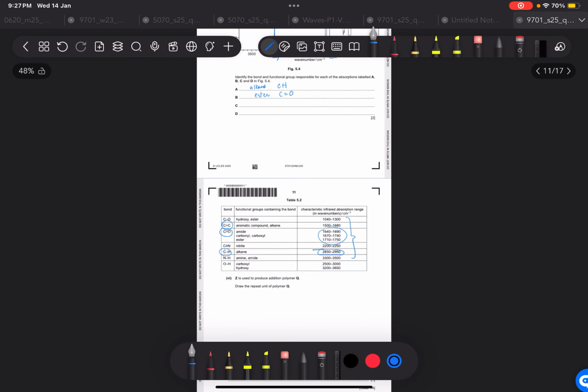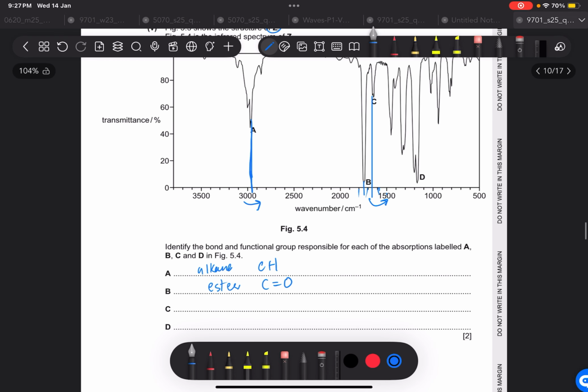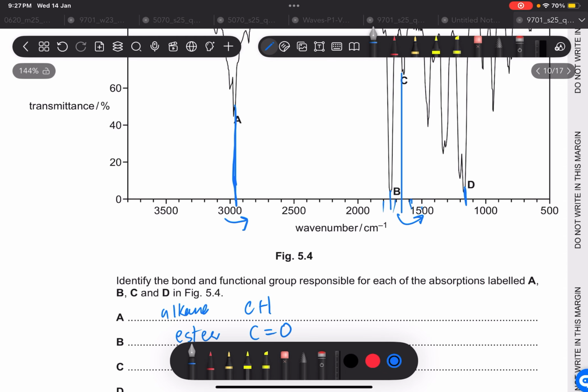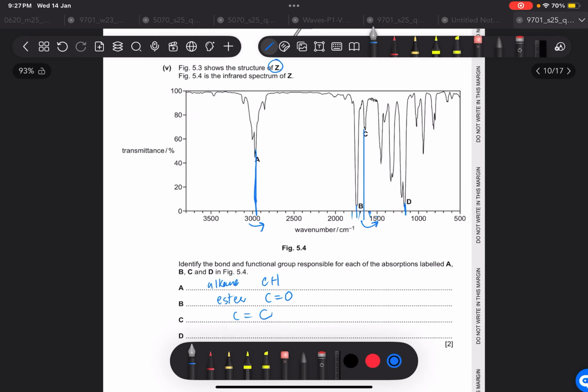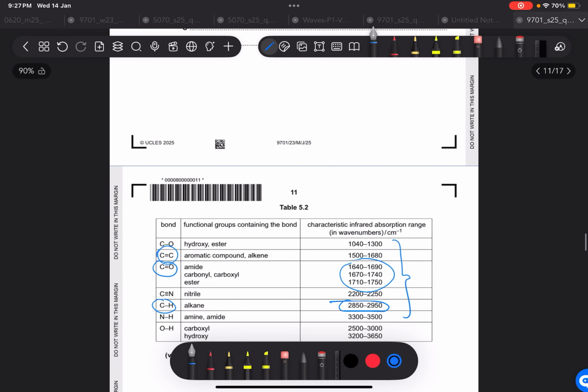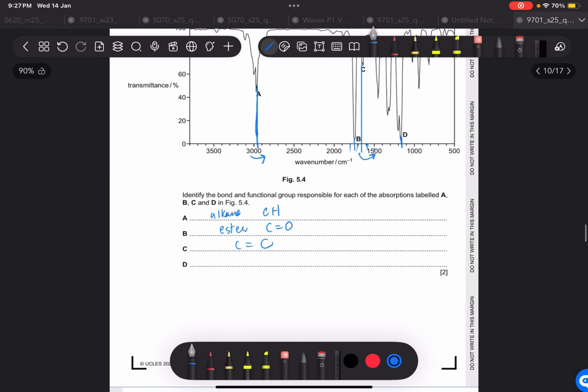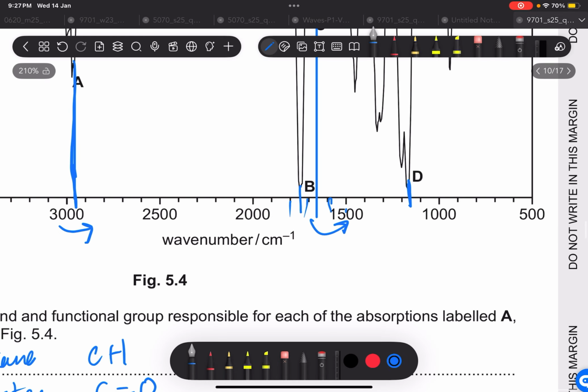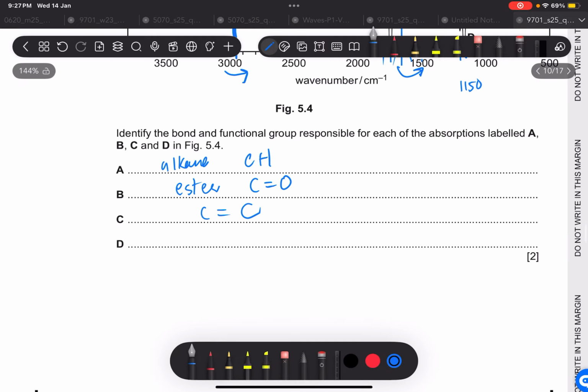So for C, we are gonna be choosing this carbon-carbon double bond. Okay? It's an alkene, because I can see an alkene group here. So it's gonna be a carbon-carbon double bond. And for D, I can see my line is here. The dips we have to see. For D, what are we looking for? It's 1000, 1100, 1200. So 1150.